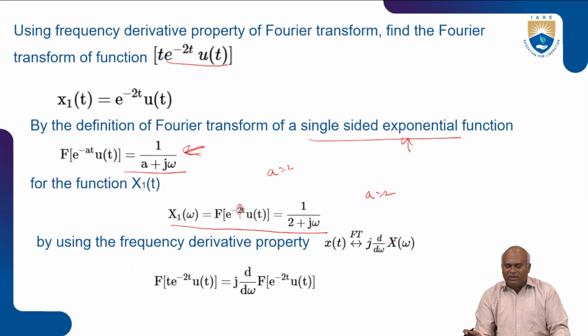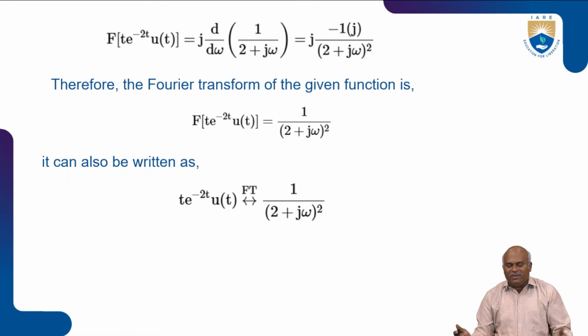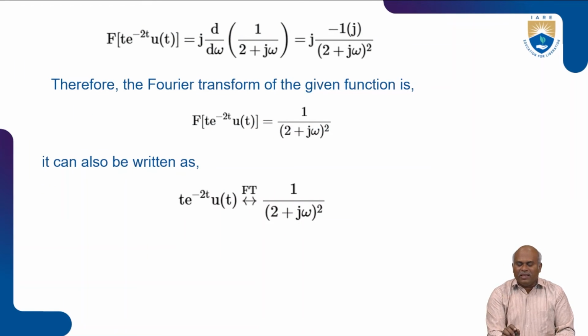By using the frequency derivative property, the Fourier transform of t x of t is equal to j d by d omega of X of omega. So the Fourier transform of t e^(-2t) u(t) is j d by d omega of 1 by 2 plus j omega.